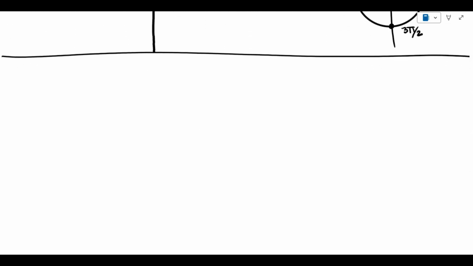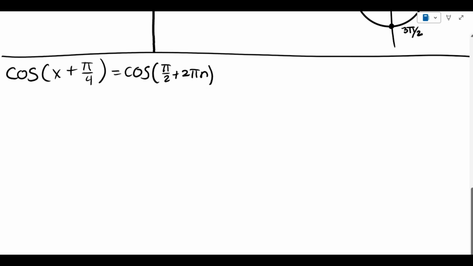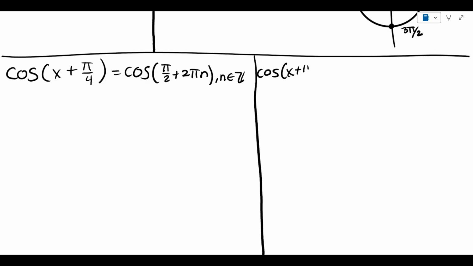That's when cosine of x plus pi over 4 equals cosine of pi over 2 plus 2 pi n, where n is an integer. And it's also when cosine of x plus pi over 4 equals cosine of 3 pi over 2 plus 2 pi n, where n is an integer.